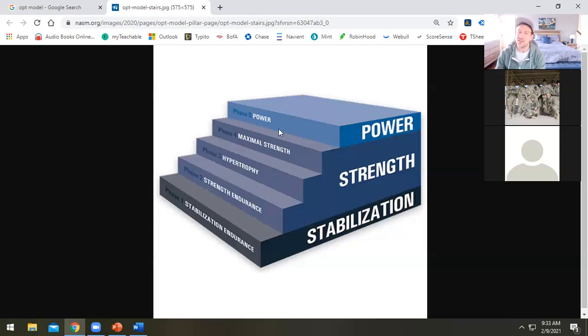This one is half relevant to our weight loss clients. The great thing about power exercises, if you are doing just explosive power exercises by themselves, they burn a ton of calories, right? Picture doing 15 squat jumps in a row, your heart rate skyrockets. But in the traditional way that we do the power level, and you guys will learn this later, not today, we actually superset power exercises with maximal strength exercises.